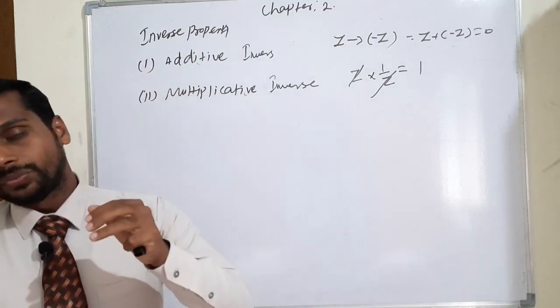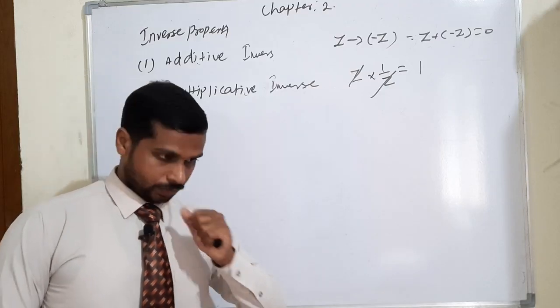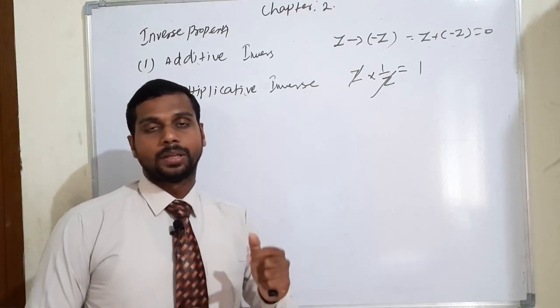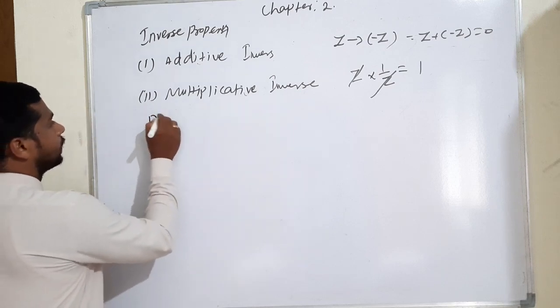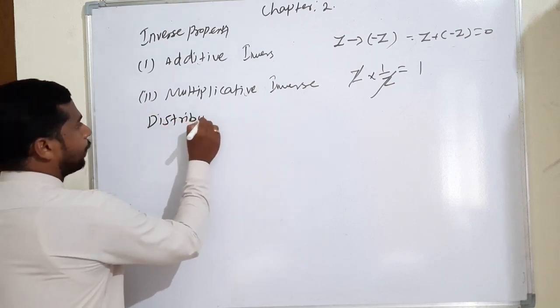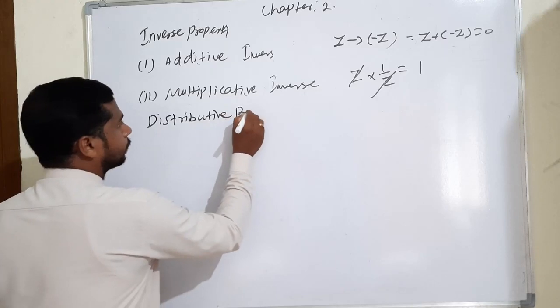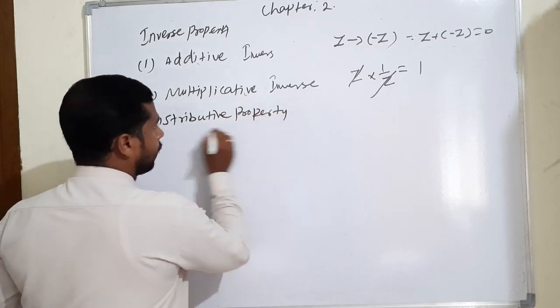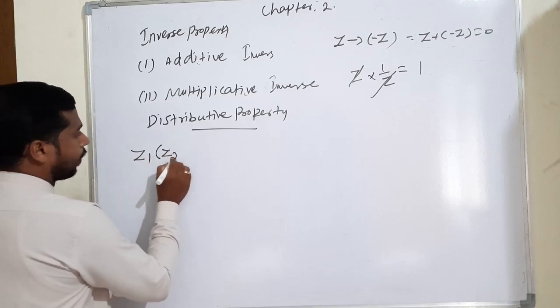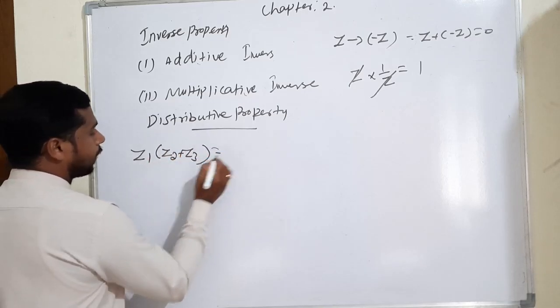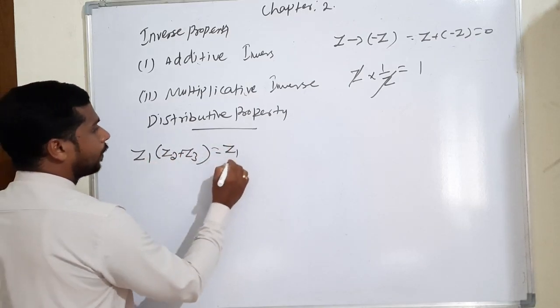Then one of the important properties of complex numbers, the last one, is the distributive property. Z1 in bracket of Z2 plus Z3: if you remove the bracket, what will happen?